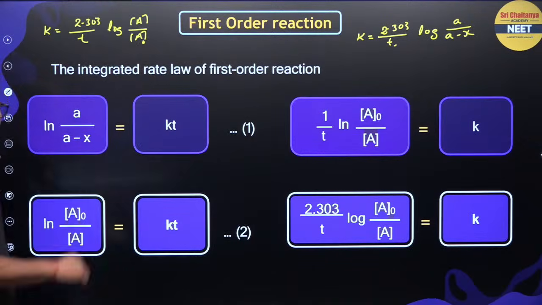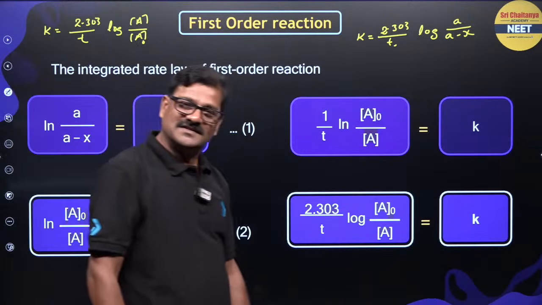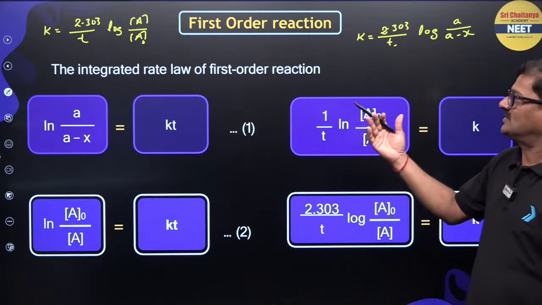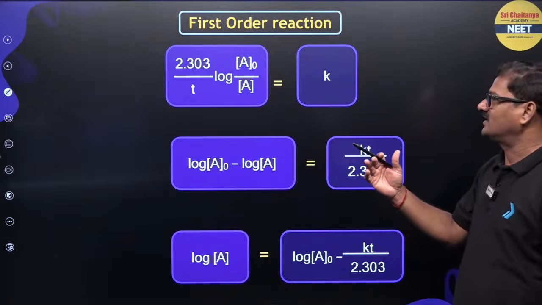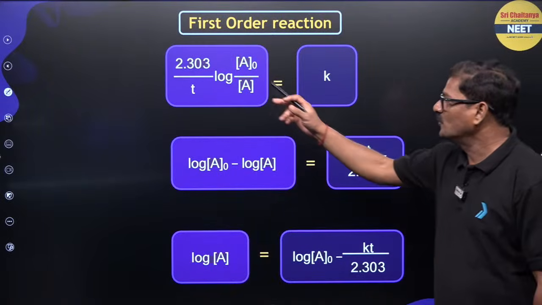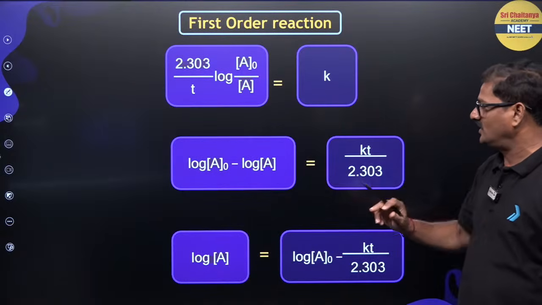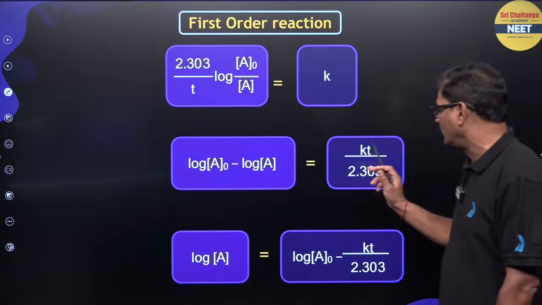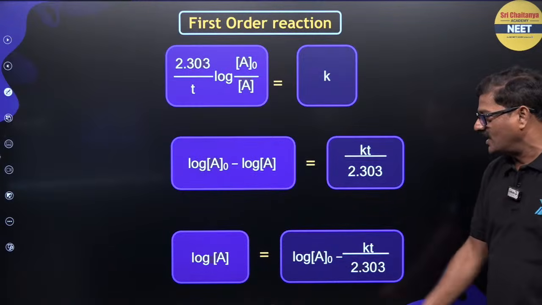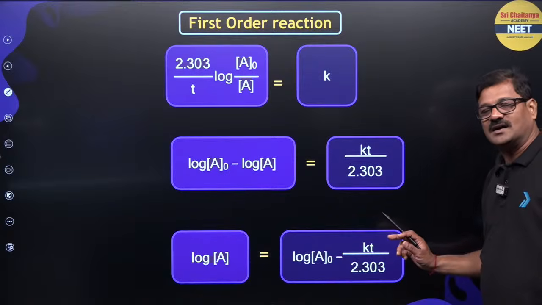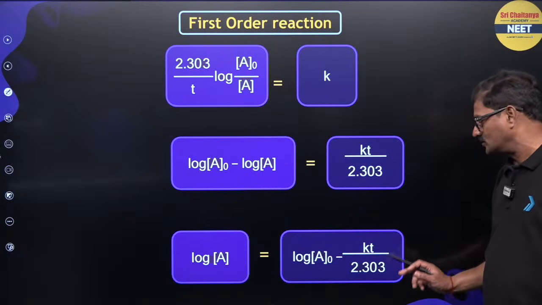So these are the expressions, and you can use them generously. Direct numericals will be based on this. In first order kinetics, you are going to see 2.303 upon t log A naught by A t is equal to K. So log A naught minus log A is equal to Kt by 2.303, and log A is equal to log A naught minus Kt by 2.303.